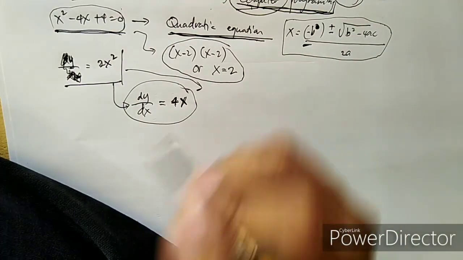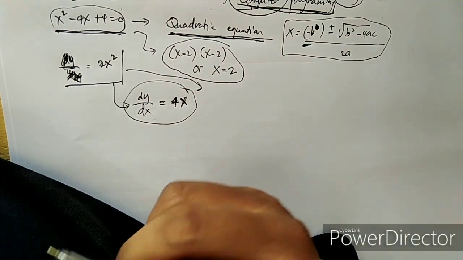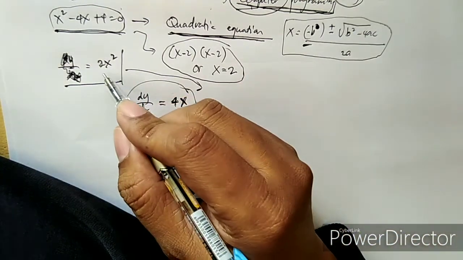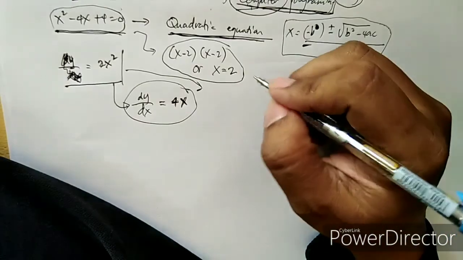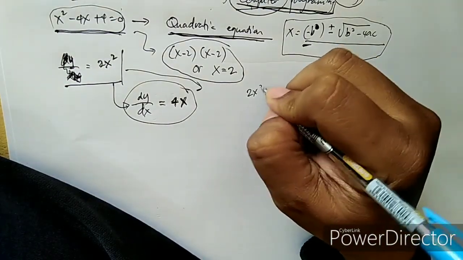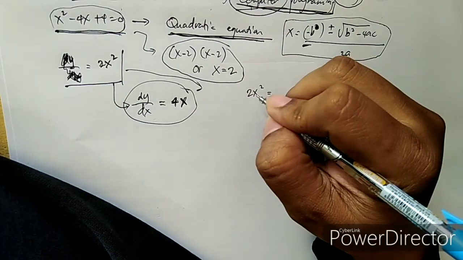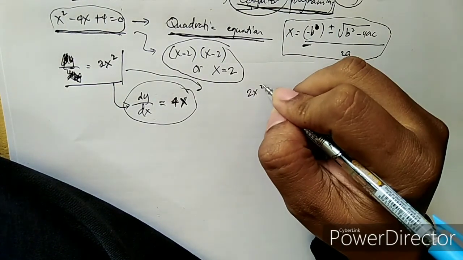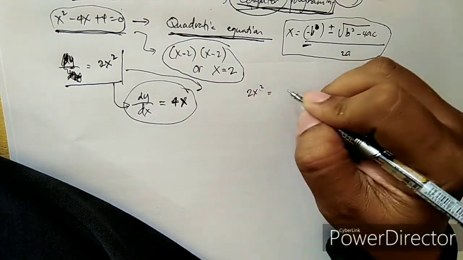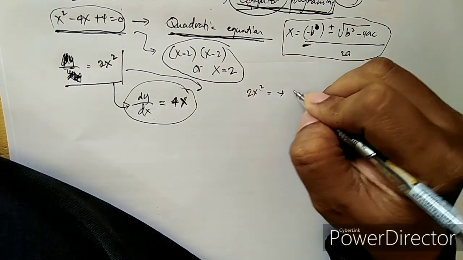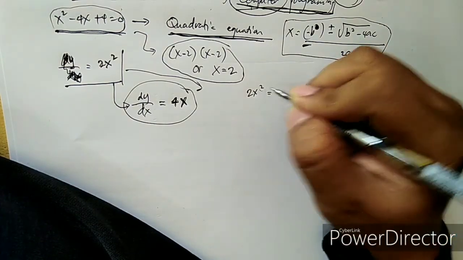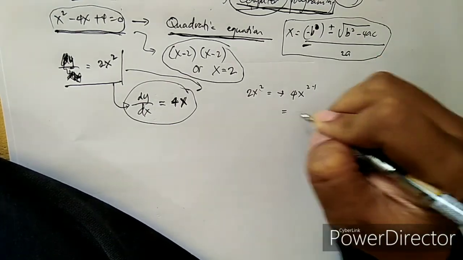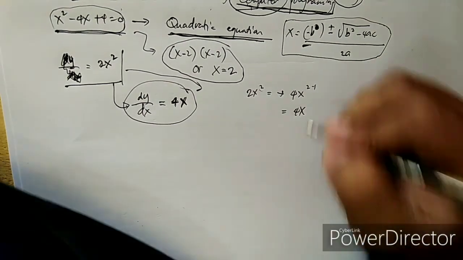The reason why it is 4x is because we were taught in our differential calculus class that for a power function like 2x squared, it is just the exponent times the coefficient. So that's why it will be 4, and then the exponent is subtracted by 1, so 2 minus 1, therefore this will be 4x.